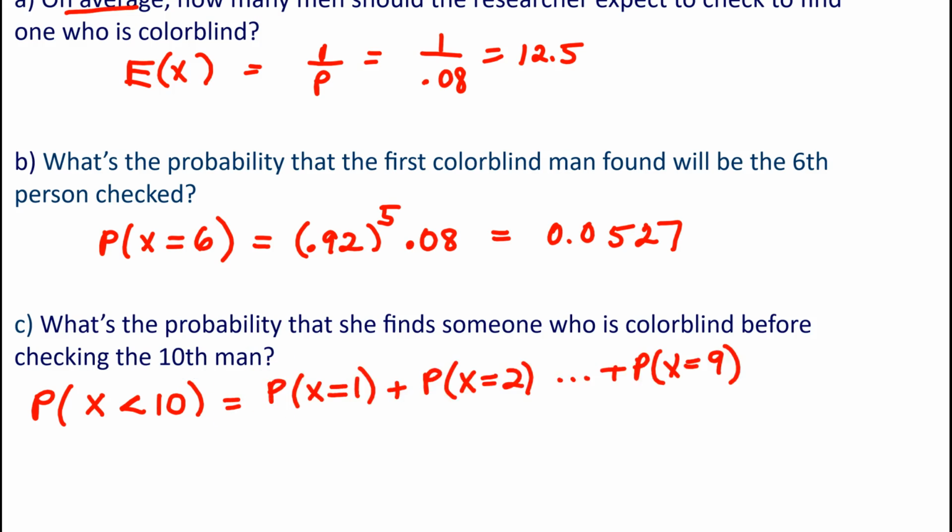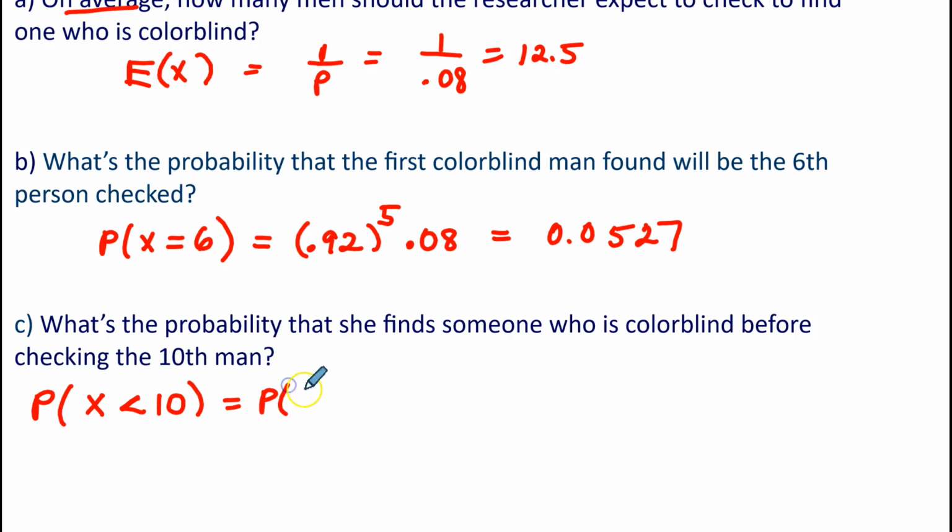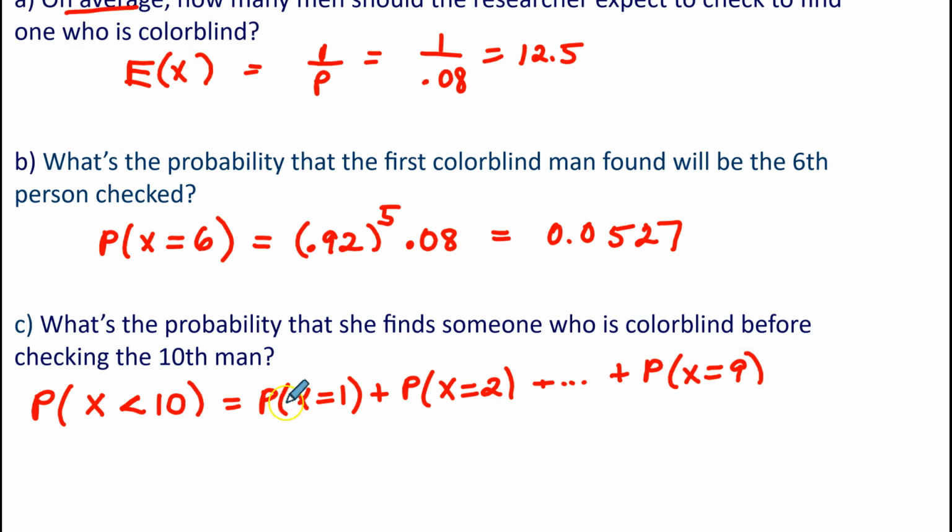In other words, the researcher could have found the person on the first encounter, or maybe on the second encounter, or maybe not until the 9th encounter. And you're going to have to evaluate each of these probabilities and then add them up.